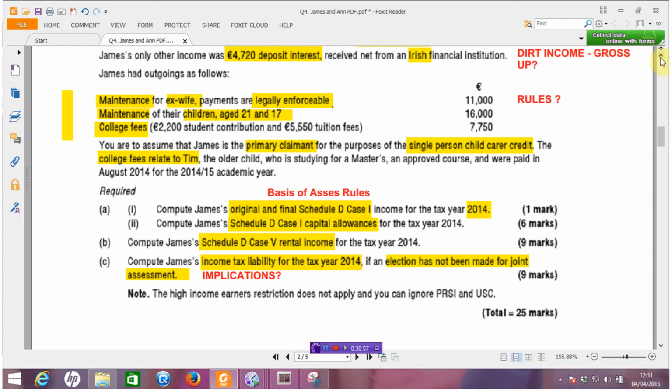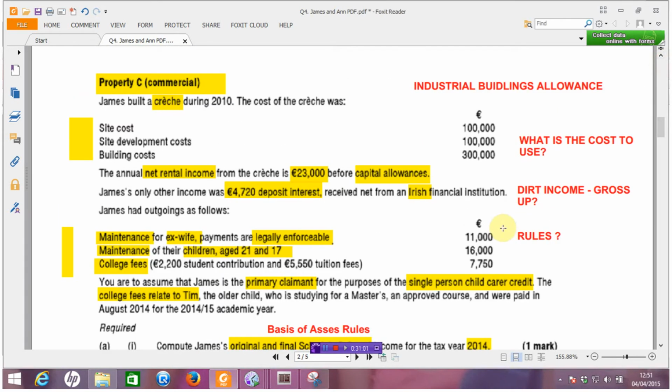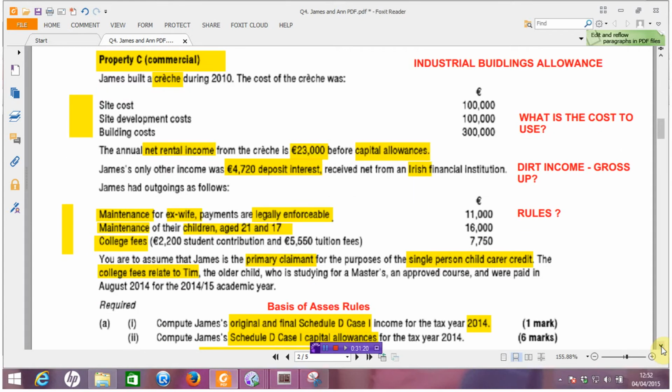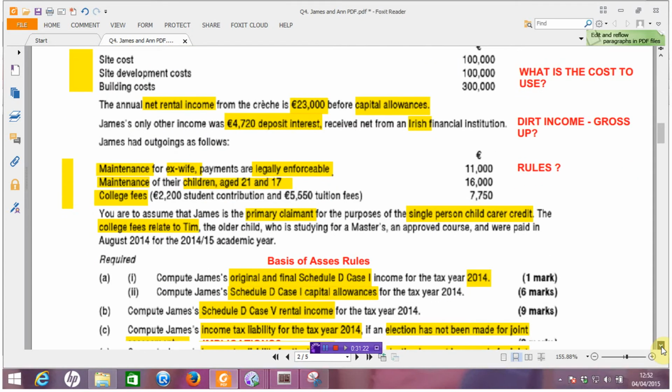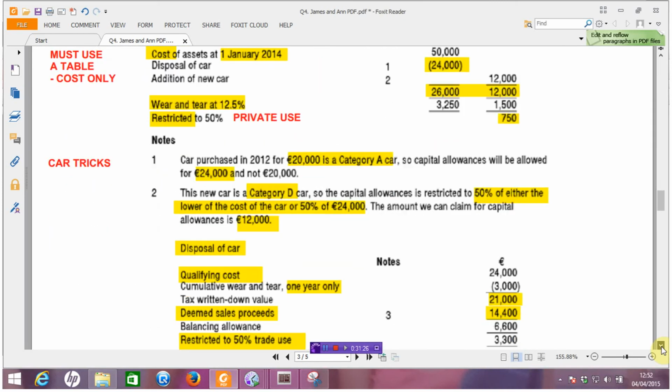So the key thing to remember is that if he's not making an election for joint assessment, then where there are legally enforceable maintenance payments for a wife, he's going to be taxed as a single person, and we're just going to have a deduction for the legally enforceable maintenance payments to the wife only. The children's maintenance payments are going to be completely ignored. In fact, they're always ignored.